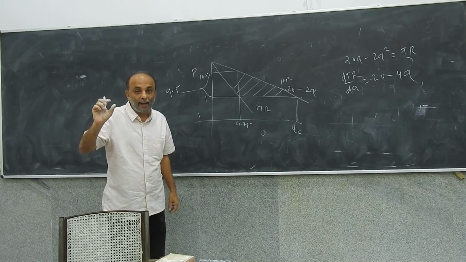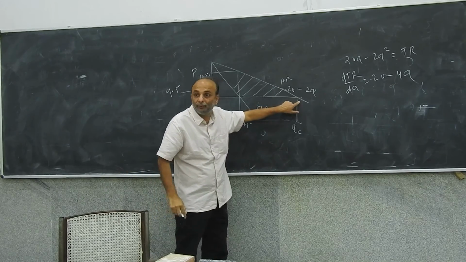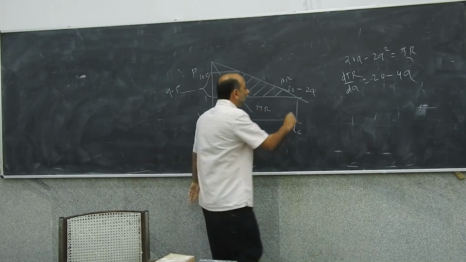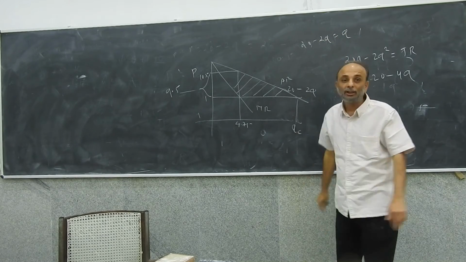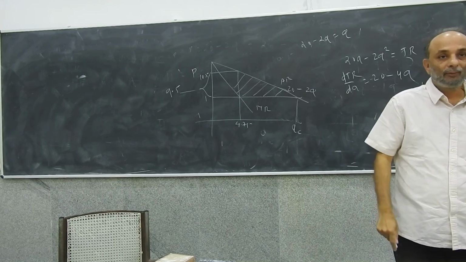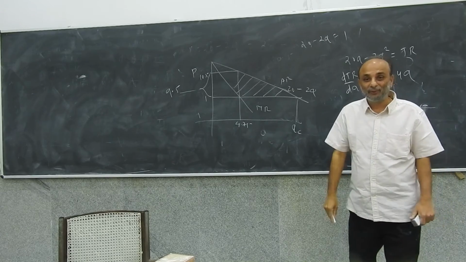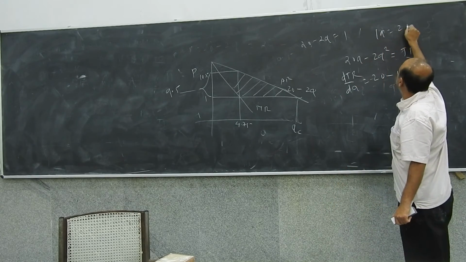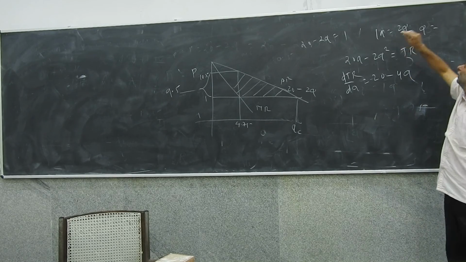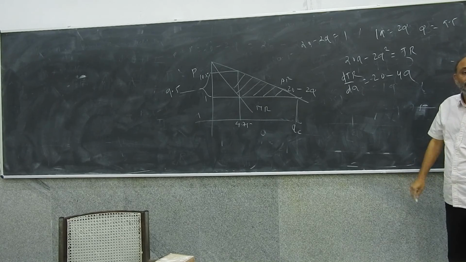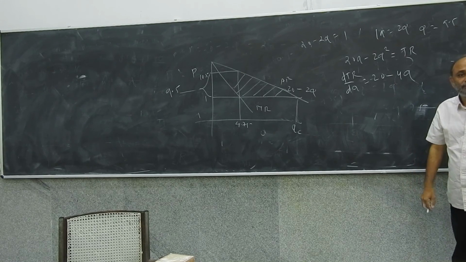QC is the point where marginal cost equals average revenue. So 20 minus 2q is equal to marginal cost, which is 1. So 19 is equal to 2q, or q is equal to 19 by 2, which is 9.5.